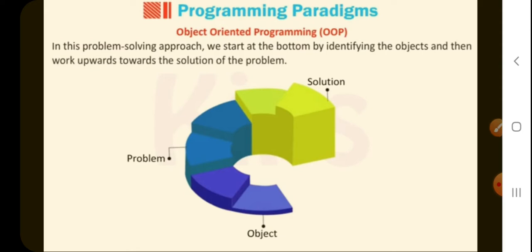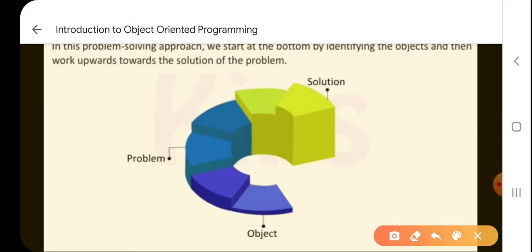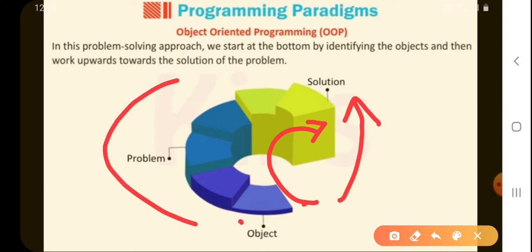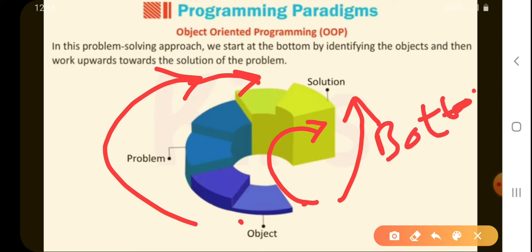In the object oriented programming approach, we always start by identifying the objects and then we work our way up. The first step is to identify the objects, and then we proceed towards the solution. Because we are starting at the bottom and then moving our way towards the top, this approach is also called the bottom up approach.